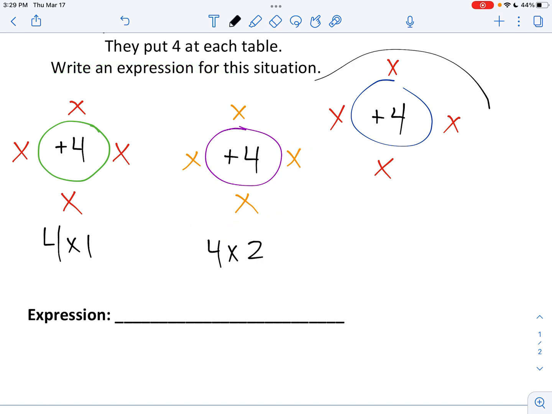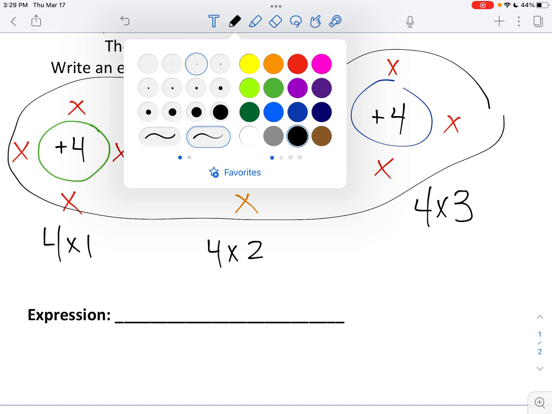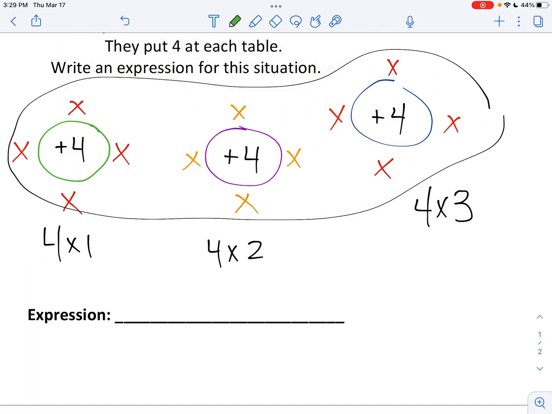And if I did 3, it's 4 times 3. All right. That means I could use multiplication. I didn't even try to make it be multiplication, right? If I don't know how many tables Taylor has, I still know there's going to be 4 at each one. It's 4 times table, or the other way to write that is 4t, right?